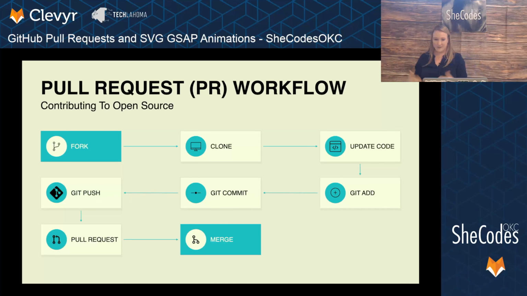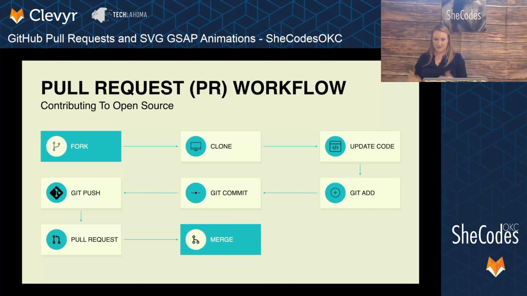We'll talk through it. I'm going to talk through this workflow really quick, and then we will actually walk through it. So when you're starting, the first thing you want to do when you're going to contribute to an open source software is find the one that you're going to contribute to. Once you've found it, then you're going to fork it. Now, this idea of forking, I like to think of it like a fork in the road.